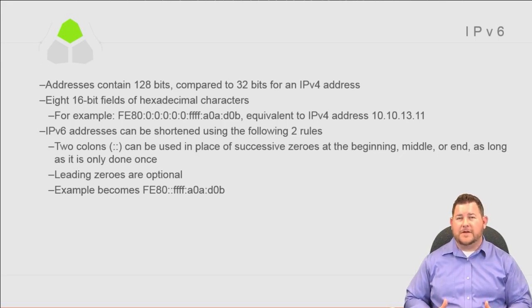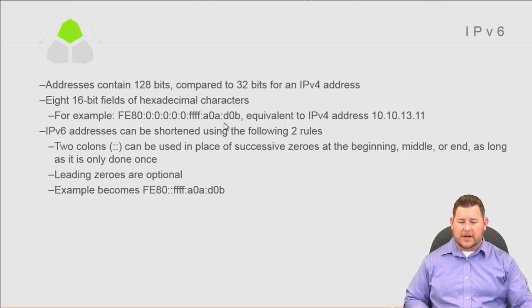They figure there's going to be a lot of zeros in these addresses for some time until they actually build up, and they'll probably never be fully utilized in our lifetime. These 2 colons can be used in place of successive zeros at the beginning, middle, or end, as long as it's only done once.